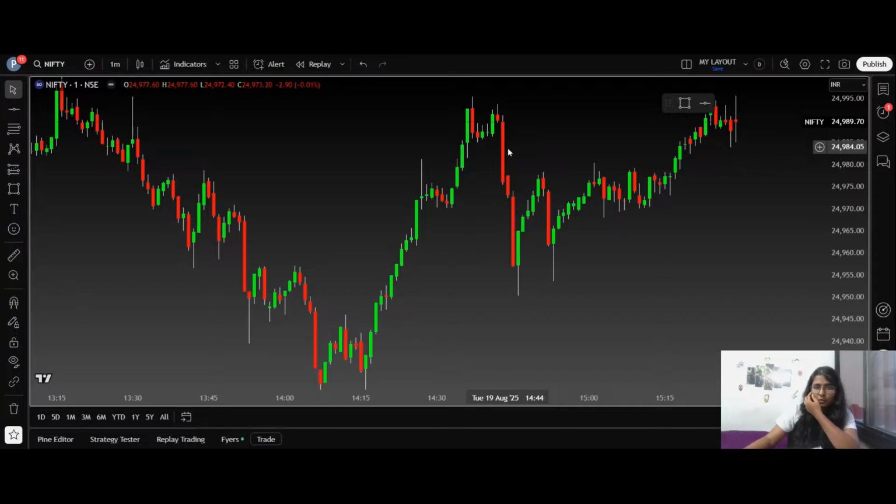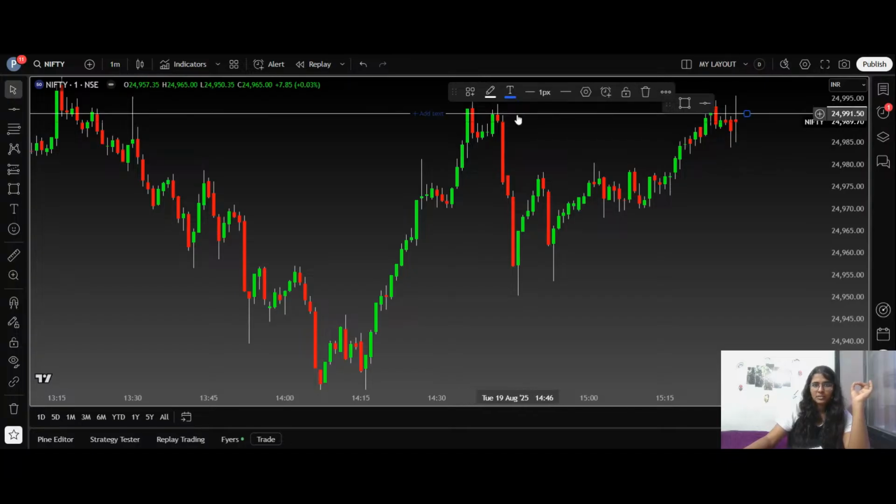Suppose I put my arrow on this candle, and the O for this candle is 24989.75, which means the price at which this candle started is 24989.75. Similarly, after O, this is H, which is 24991.25. The meaning of H is the highest price during that period, which means in this candle, the highest price, which is nothing but here.